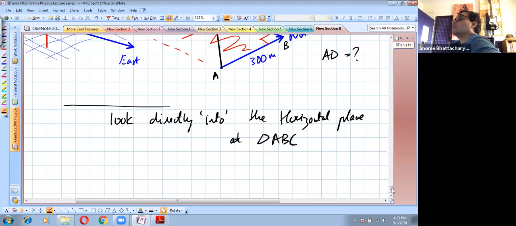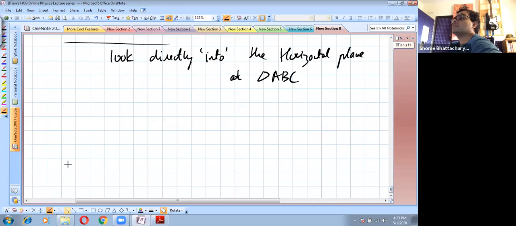Okay. So now I'm making a two-dimensional diagram, where I understand that I'm looking straight into my horizontal ground or horizontal plane. So these are my north, south, east, west directions. And gravity is here going into the plane, or the vertical direction is coming out straight towards me perpendicularly. So this is that kind of diagram.